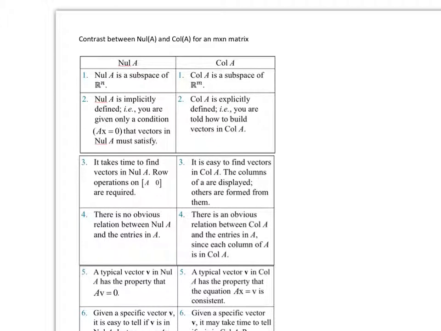And then for this last page, what we have is just contrasting the null of A and the column of A for an m by n matrix. I'll just do the first one, and then you can read through the rest. Notice that the null of A is a subspace of Rn, and the column of A is a subspace of Rm.